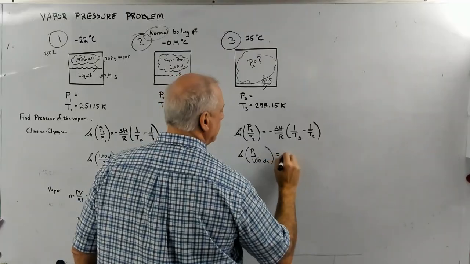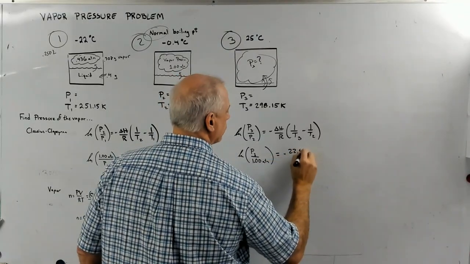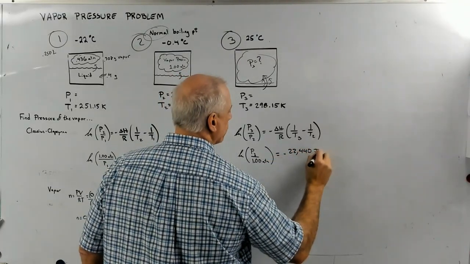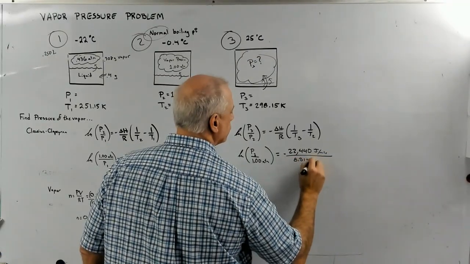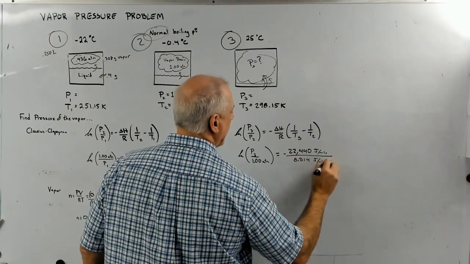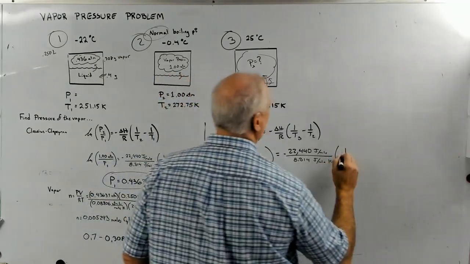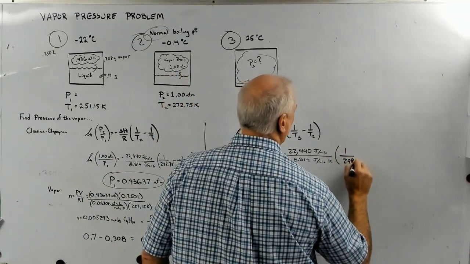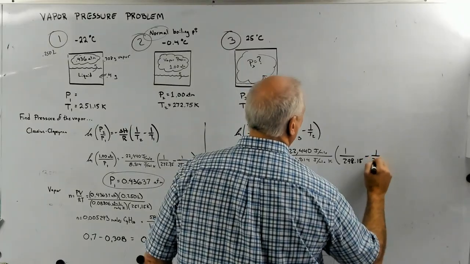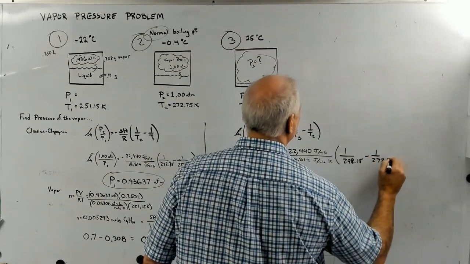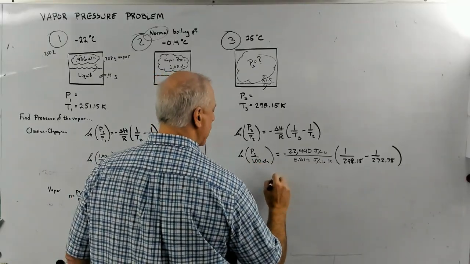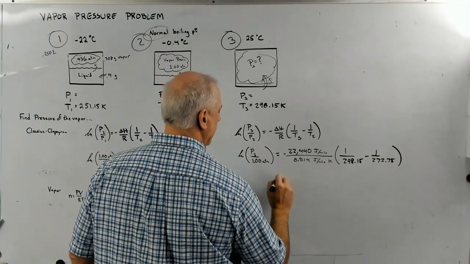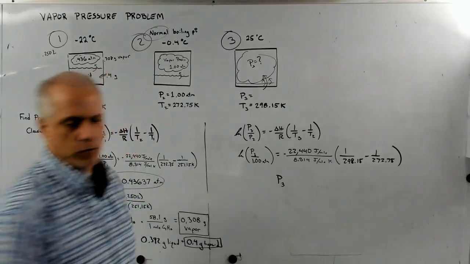And then negative 22,440 joules per mole, 8.314 joules per mole Kelvin, 1 over 298.15, minus 1 over 272.75 Kelvin, and we go through this process and we get the inverse natural log.